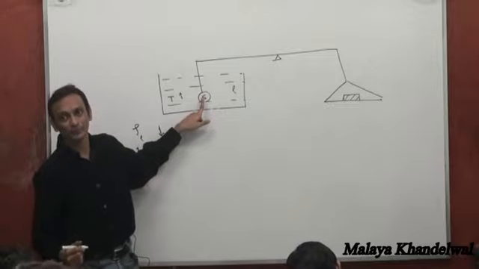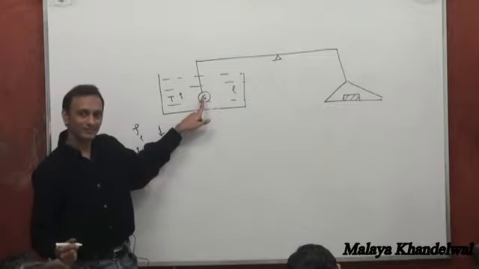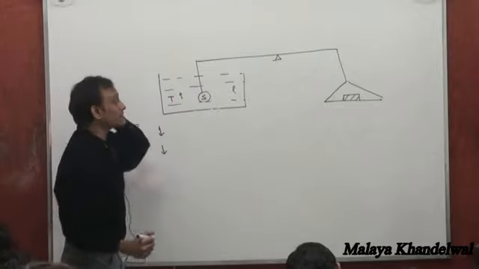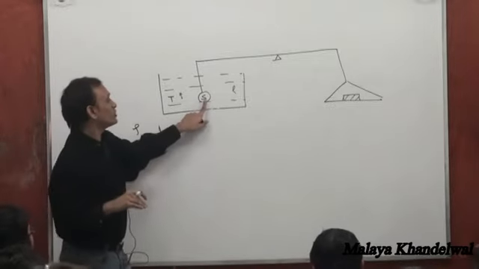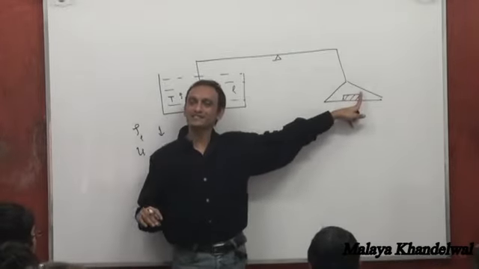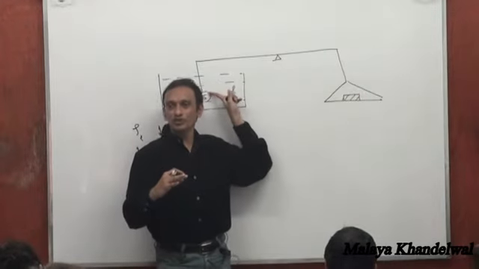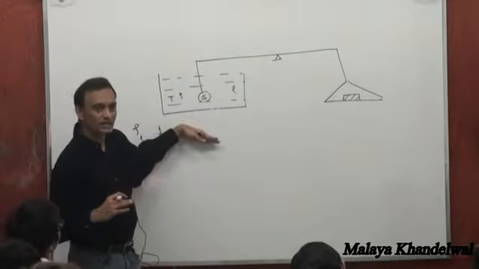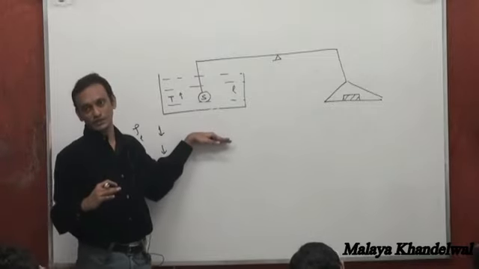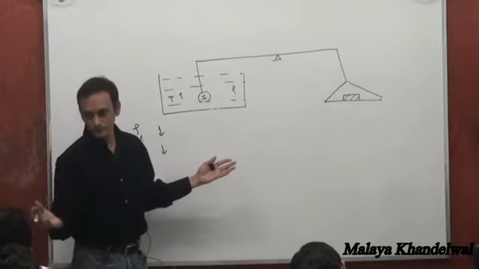Yes or no? Upthrust on this decreases. That means now the balance would be lost. So this will weigh more than this because the upthrust has decreased. So this will tilt downwards. Does it not?